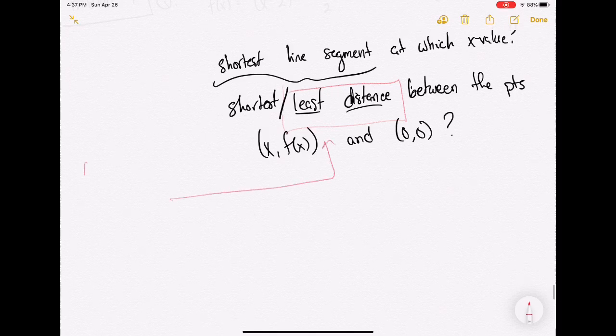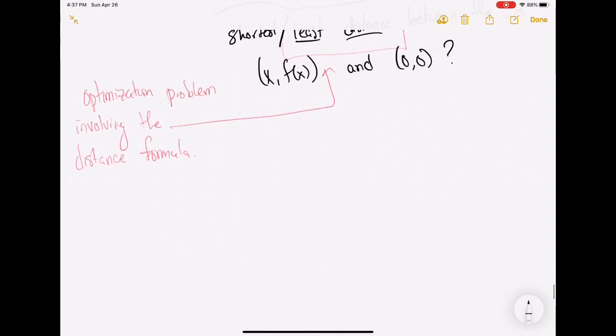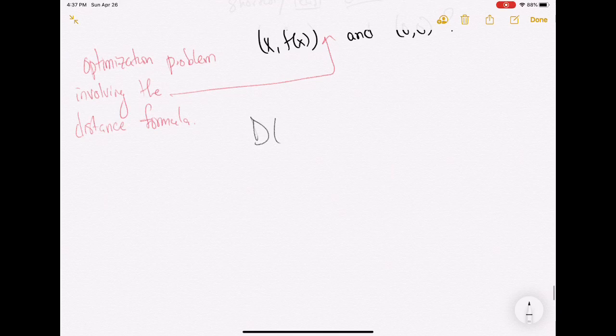So this should give us a huge clue as to how to solve this problem. This is an optimization problem involving the distance formula. Now, for those of you who don't remember the distance formula, the distance between 2 points x0, y0, and x1, y1, equals the square root of x.